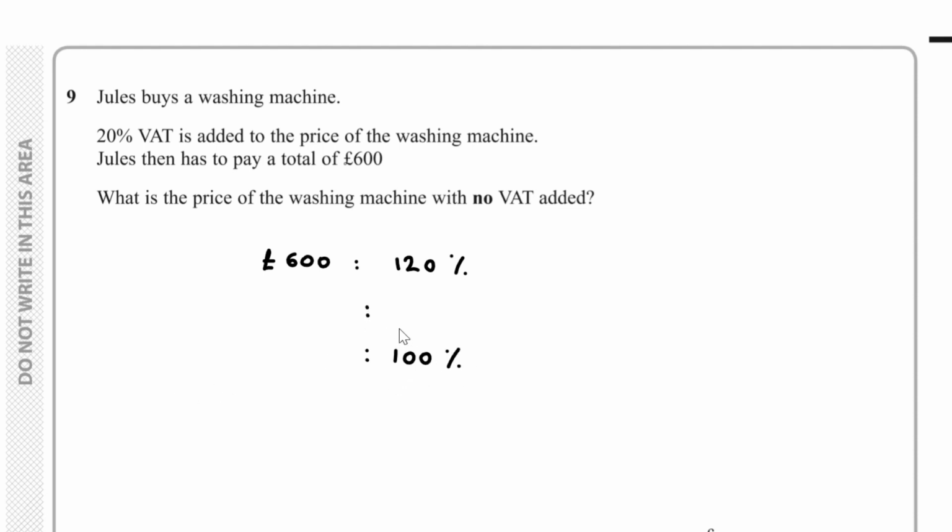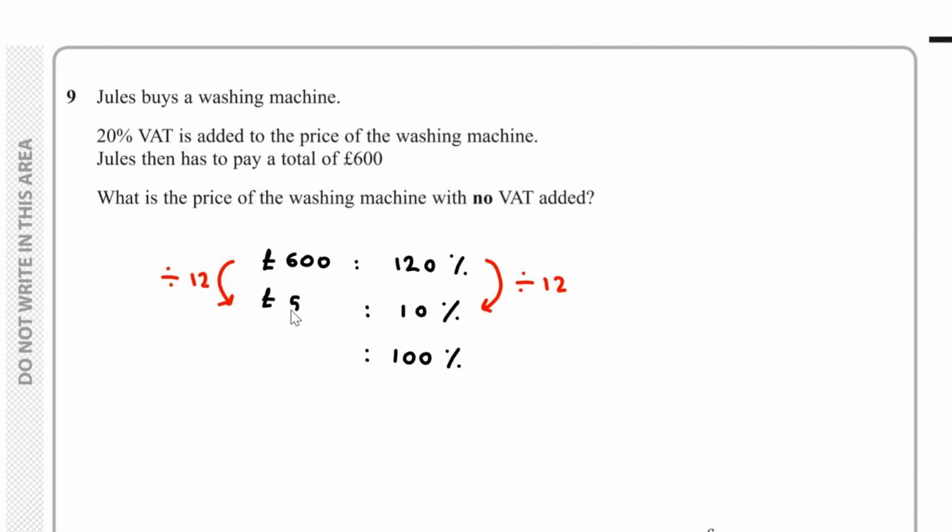Well, here we can find out what 10% is first, and then once we have found out what 10% is, we can use this information to find out what 100% is. So to go from 120 to 10, we would have to divide by 12. So first of all, we need to divide 600 by 12. 600 divided by 12, that's 50.